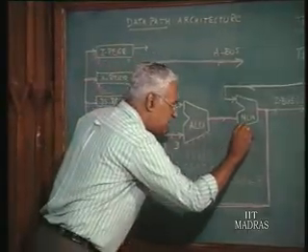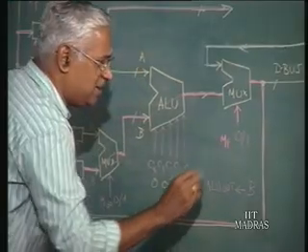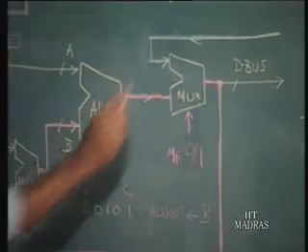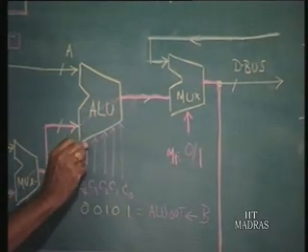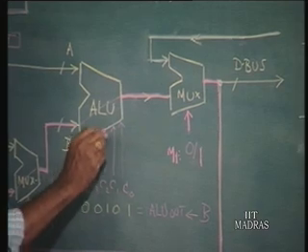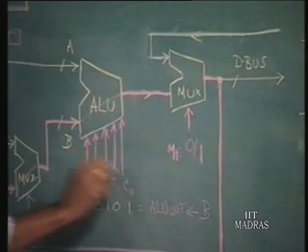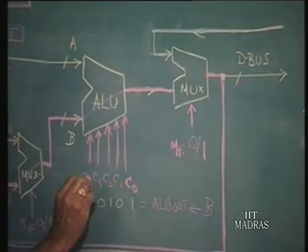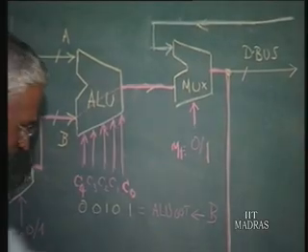In this particular mux, M1 must be, let us say, 1, so that this is passed on to that, and the ALU must be set in a specific operation mode, so that the code, let us say C0 to C4, is this one.